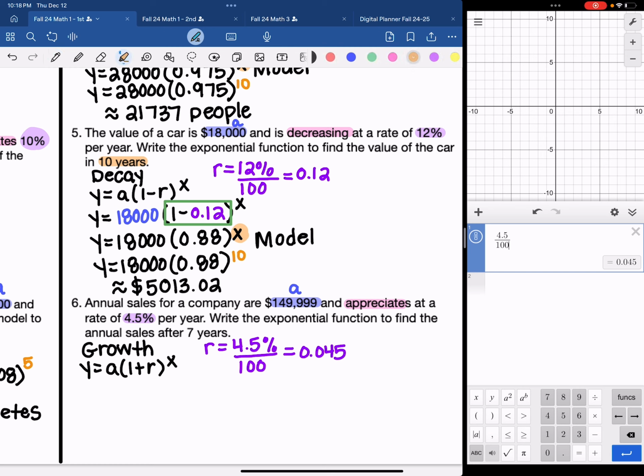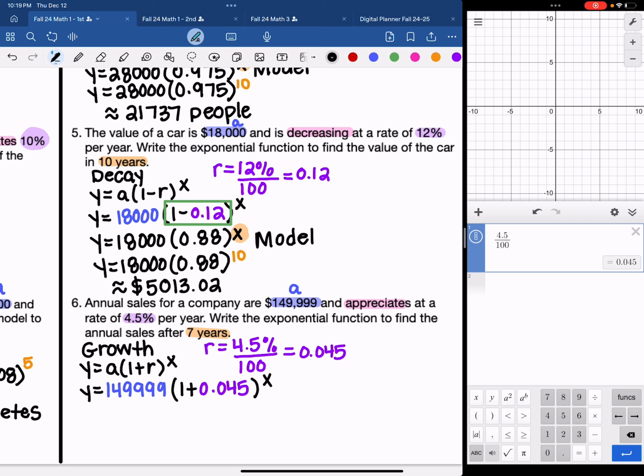Then they want us to find the model and then figure out how much their sales are going to be worth in 7 years. So if we plug in what we know, the initial value is 149,999, and we're doing 1 plus because 1 plus is going to represent growth, and we're going to say 0.045 for the rate, and we're going to raise that to x.